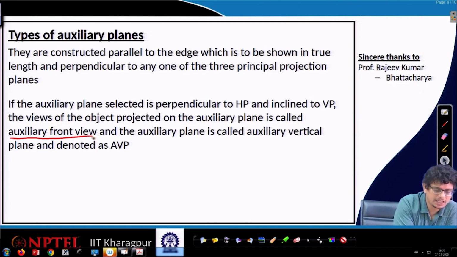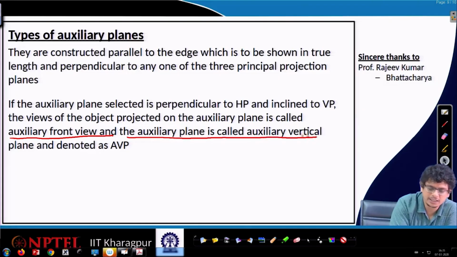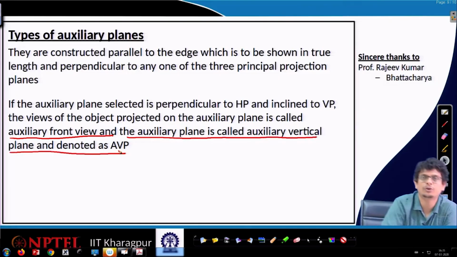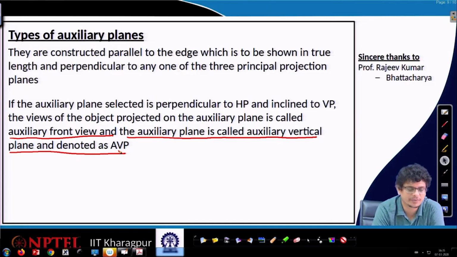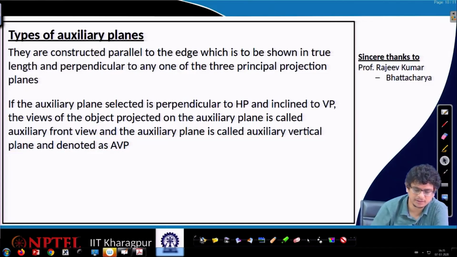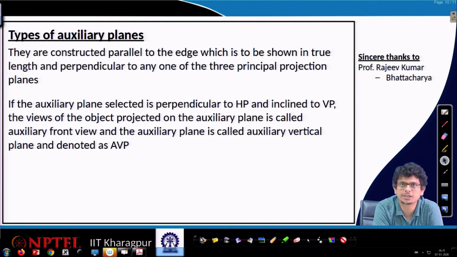So, that auxiliary front view and the auxiliary plane is called the auxiliary vertical plane and denoted as AVP. So, we are going to take projections onto that inclined plane making an inclination angle with the vertical plane.